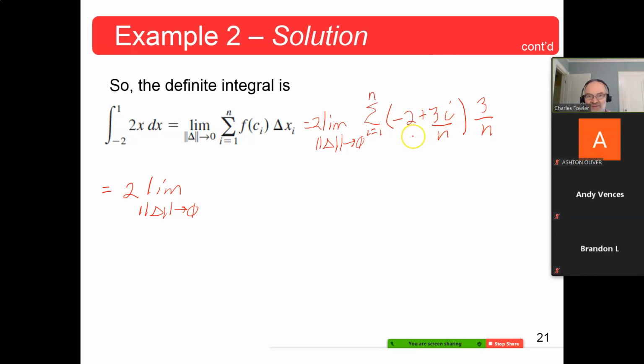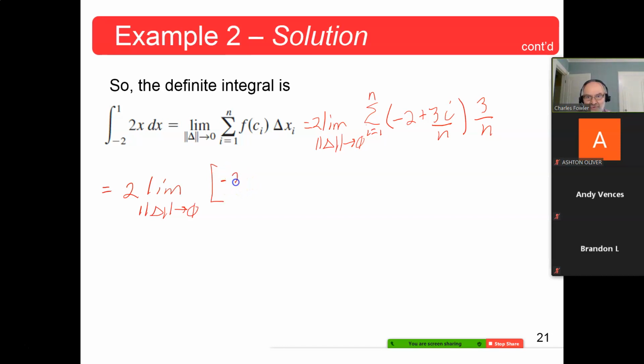So anything that doesn't have an i in it can actually be brought to the outside. So what that means is, let's do it in steps then. I think I'll put it in a big bracket.